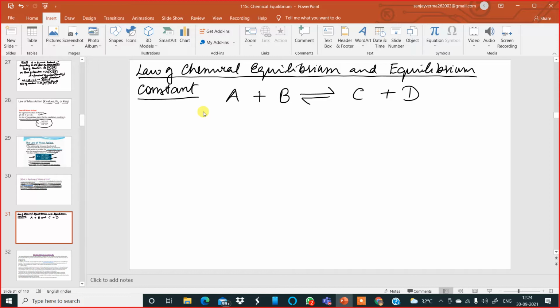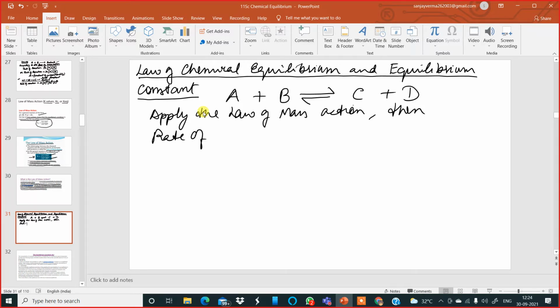So, if I apply the law of mass action over here, then I can write a rate. It is a reversible reaction, so there will be a rate of forward reaction.